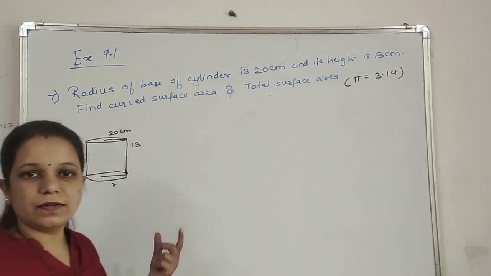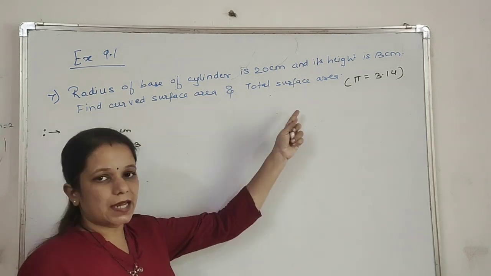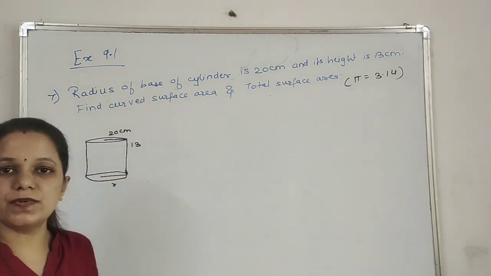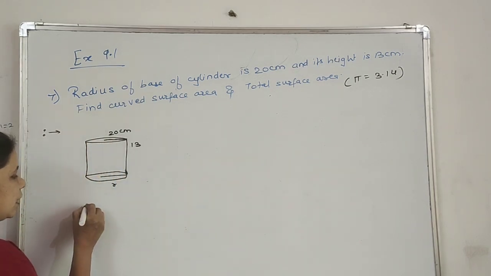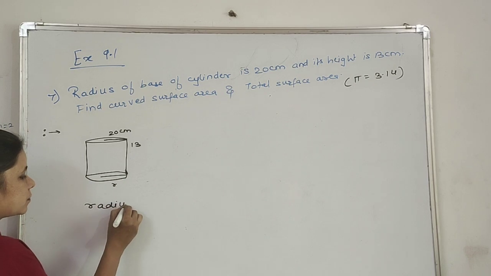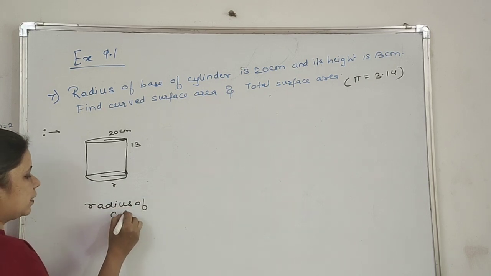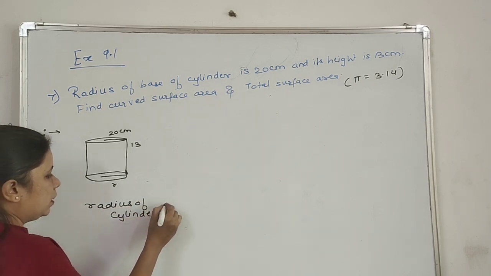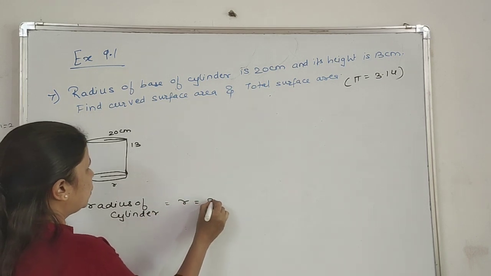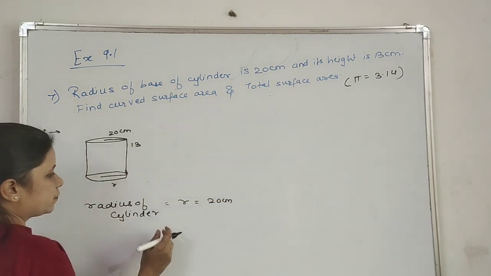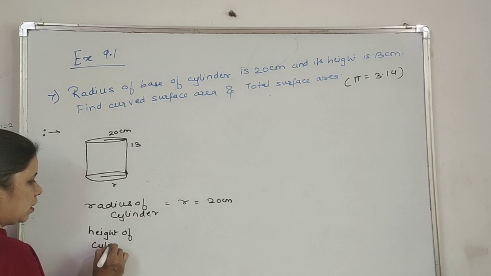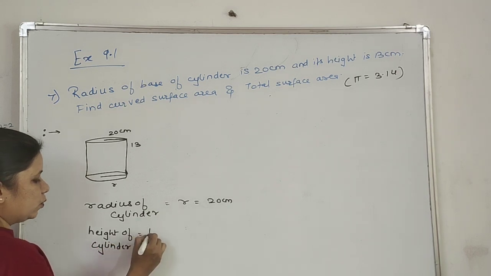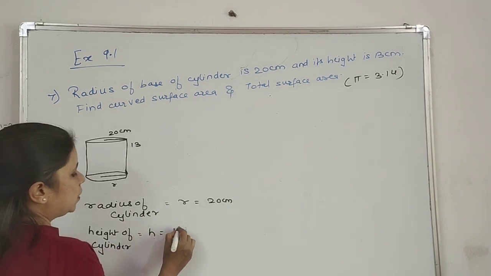Okay, we have to find two areas, direct formulas which we have noted previously. So now here, first I will say radius of cylinder equal to r equal to 20 centimeter. Okay, and height of cylinder equal to h equal to 13 centimeter.